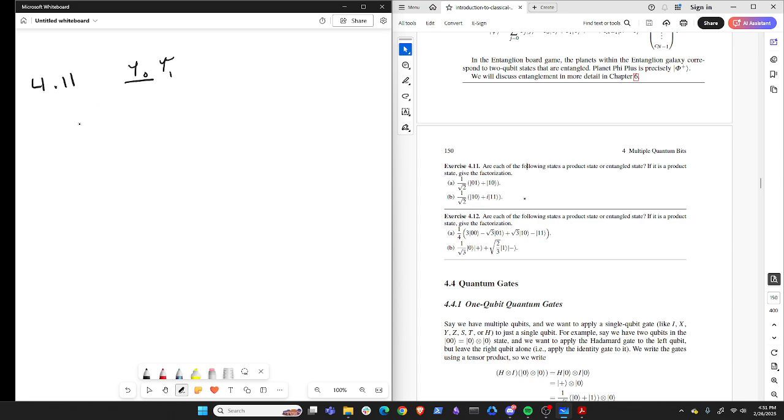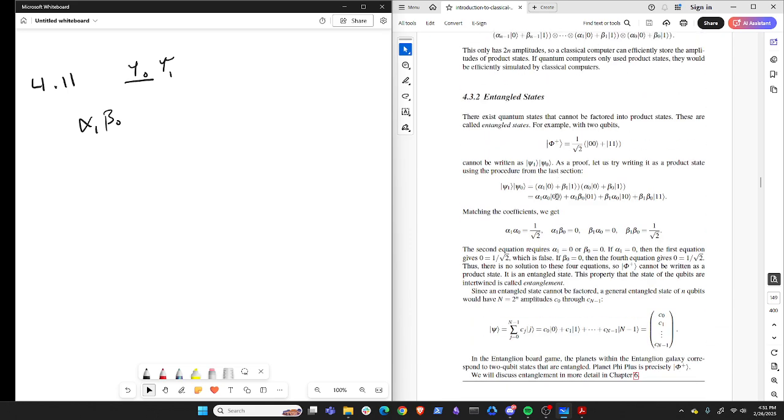The combined weights for that are going to give us: alpha 1, alpha 0 for state 0, 0.